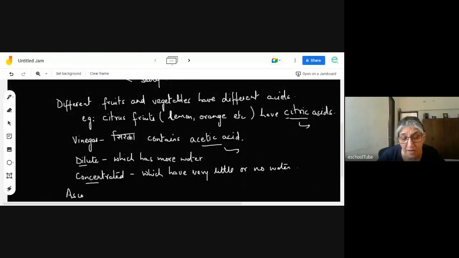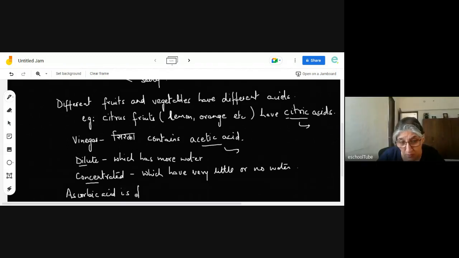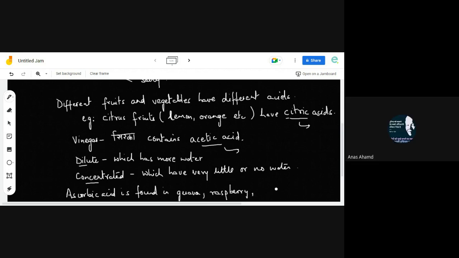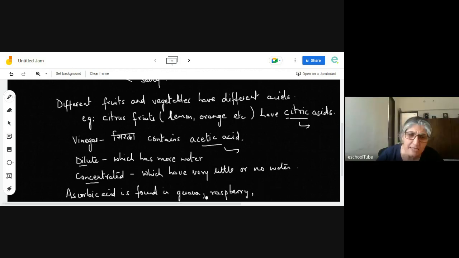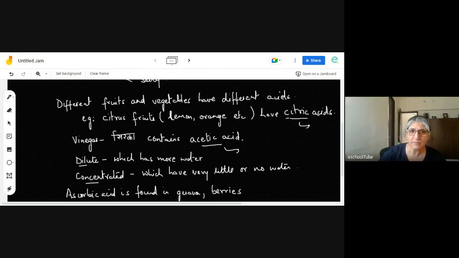Ascorbic acid is found in raspberries and strawberries. So we say berries, different types of berries. And oranges also.